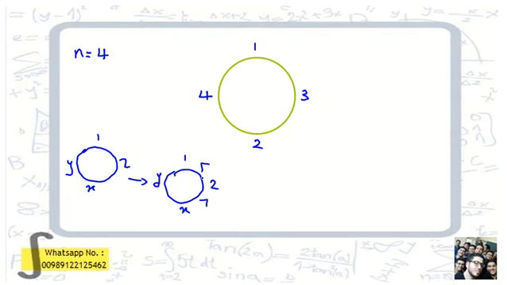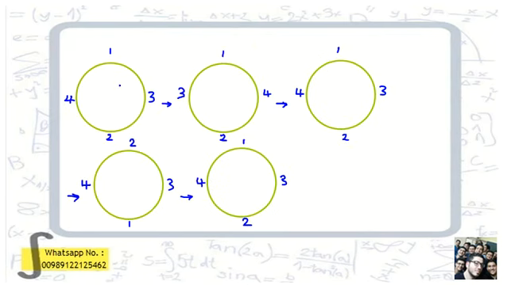Now we want to consider the case that 1 and 2 are not adjacent, so 3 and 4 are between them like this, and we want to check this case. So after this, when we select 1, 3 and 4 change to 4, 3, then we select 2, and 4 and 3 again change to 3, 4.